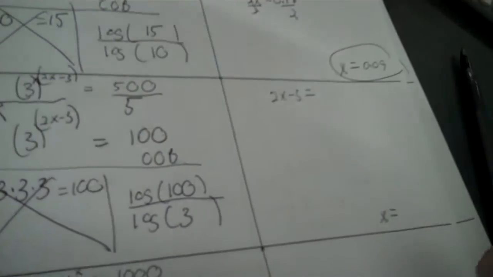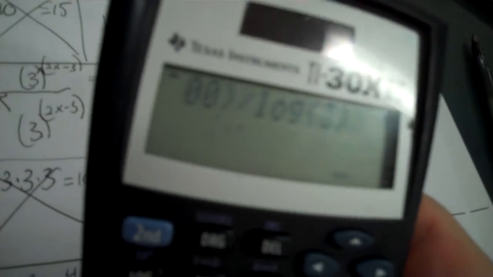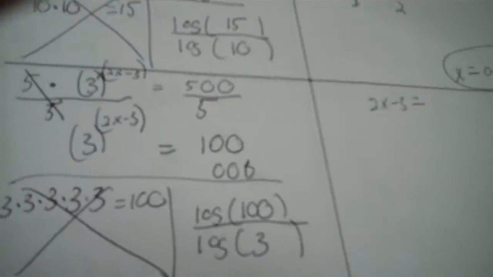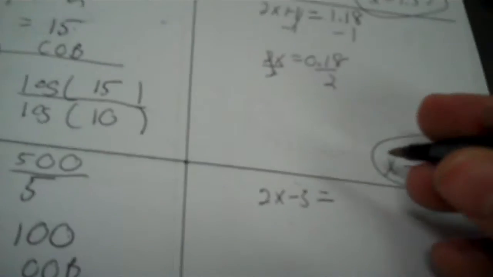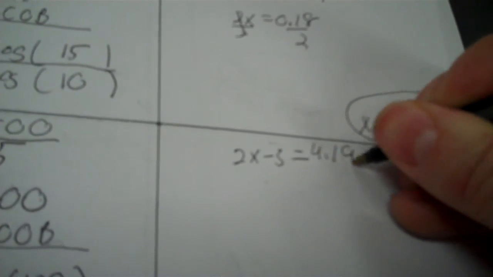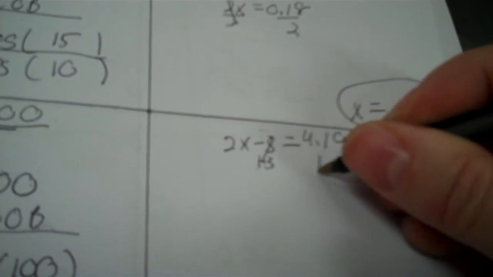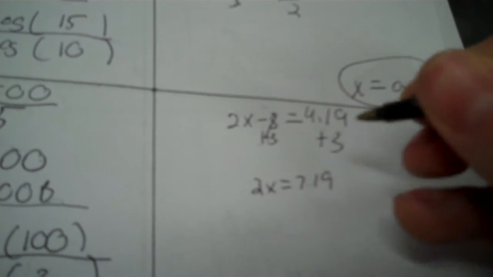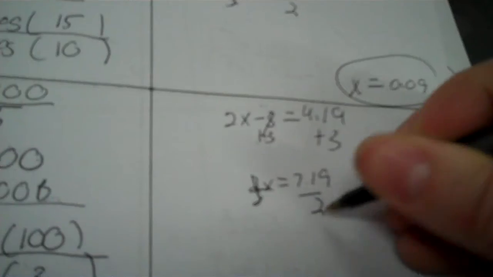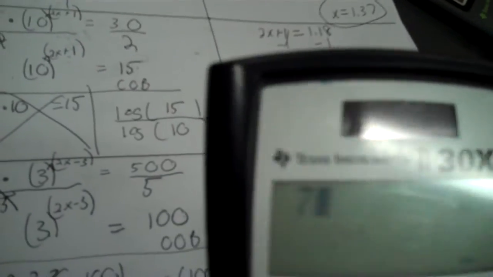So log 100 divided by log 3, 4.19. Then I will add the 3, that's 7.19. And divide by 2. 3.60.